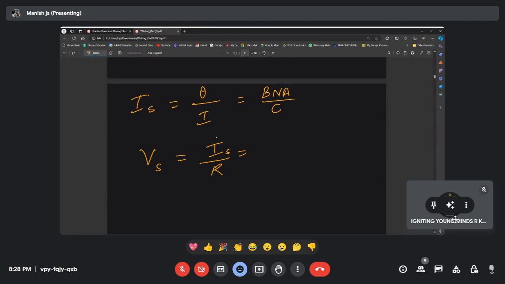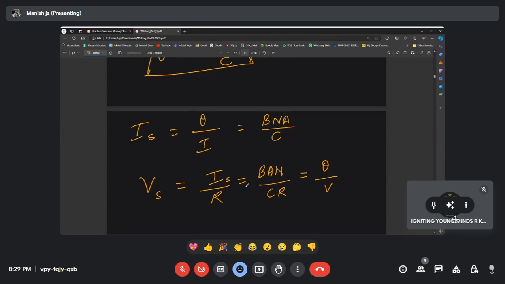So you will get NBA, or BAN, upon C into R. Now we already know BAN by C is nothing but theta upon I, so it is theta upon V, the number of deflections per unit voltage. You call this voltage sensitivity. The above one is the current sensitivity of the moving coil galvanometer.